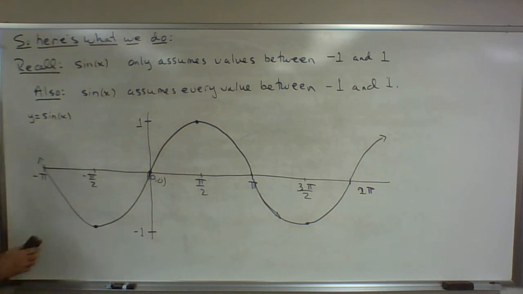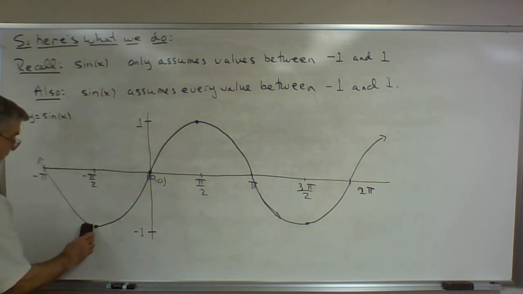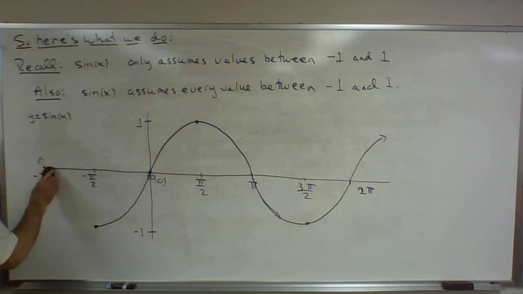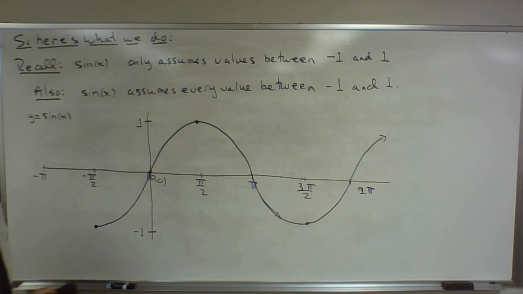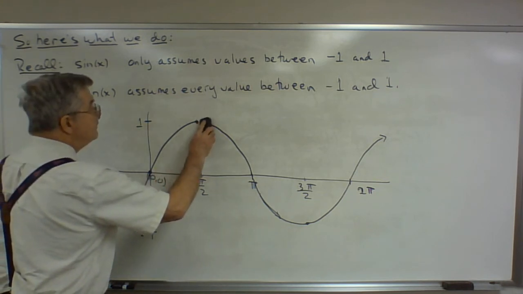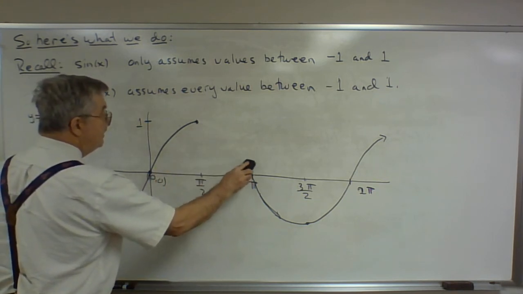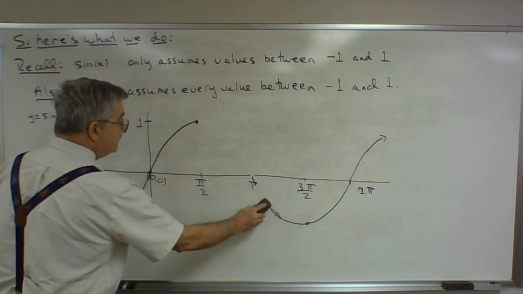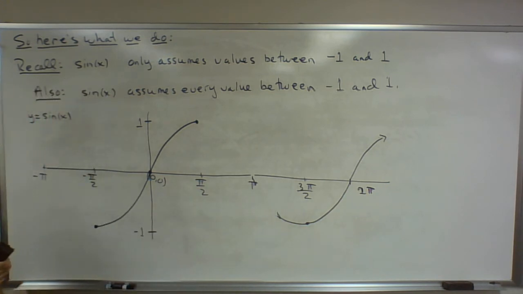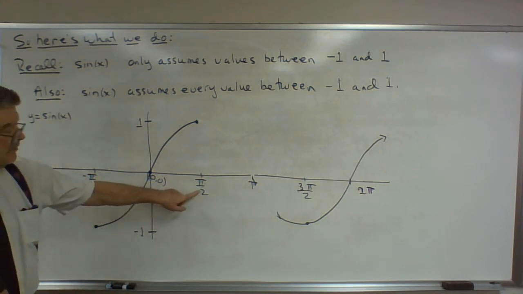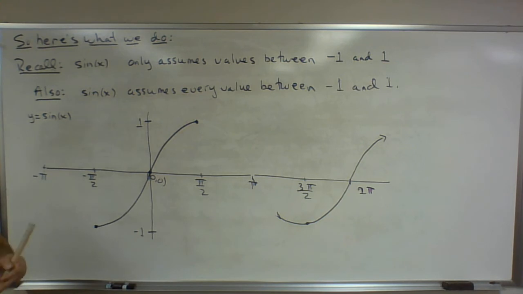And we say to ourselves, okay, when it comes to the values that the inverse sine function can attain, we're going to restrict those values to negative pi over 2 to pi over 2.